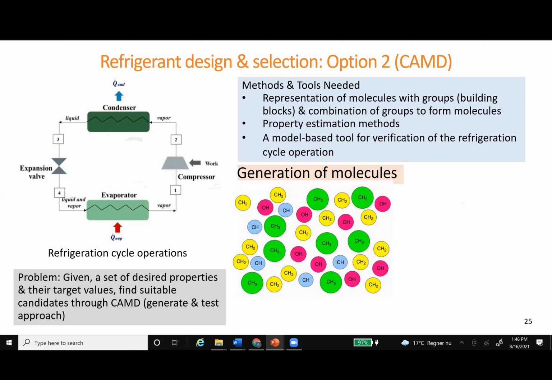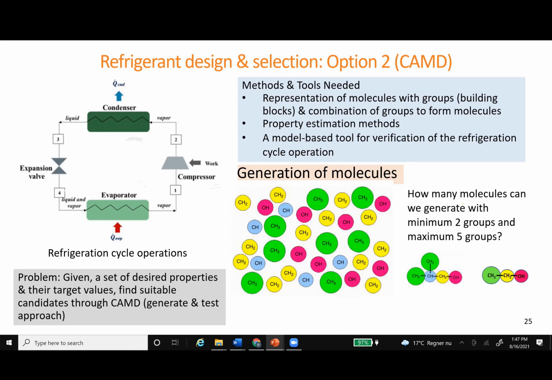The yellow has one bond free, the green has one, the yellow has two bonds free, the green has one bond free, the OH, red, also has one bond free, the blue has two bonds free, and so on. Sorry, blue has three bonds free, the yellow has two bonds free. So by knowing how many bonds are free, and then some rules of chemistry, we can combine them to form molecules. And two examples are here.